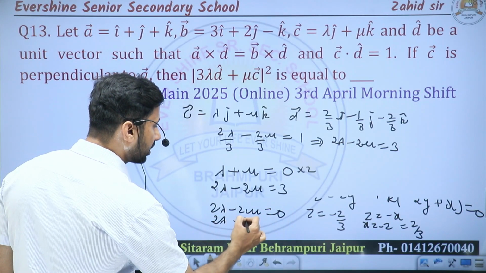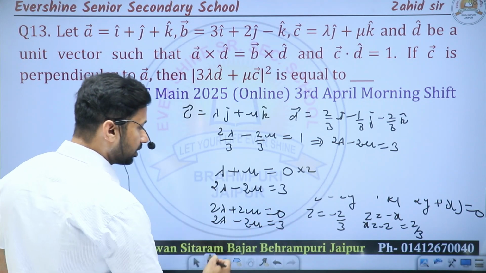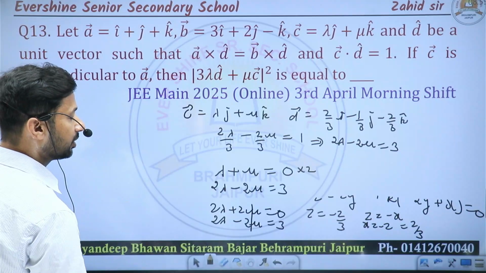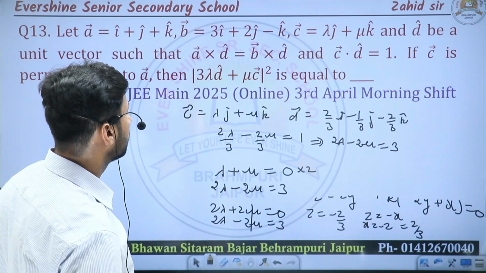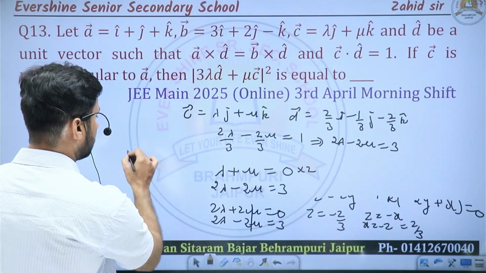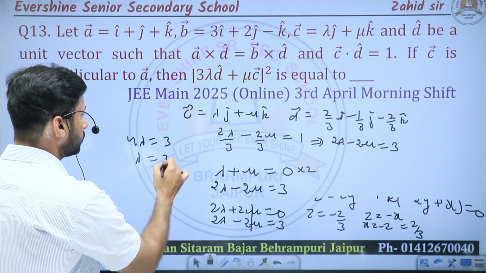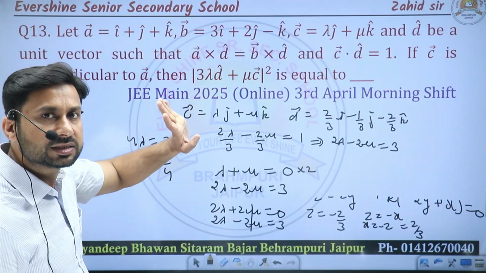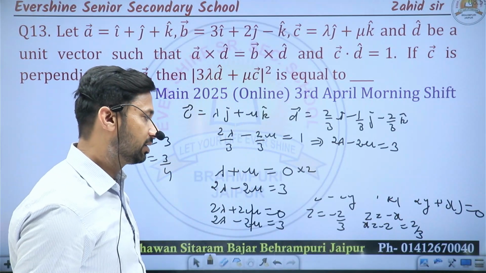Adding, mu cancels, so 4 lambda equals 3, so lambda will be 3 by 4. I can put the value of lambda to get the value of mu, and then I can find vector c. Once I get it, I can put the value here and simplify it. That will be your answer.